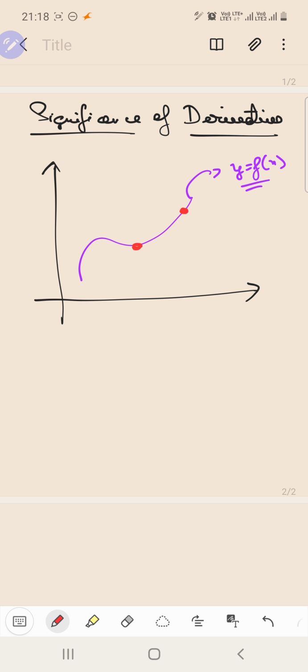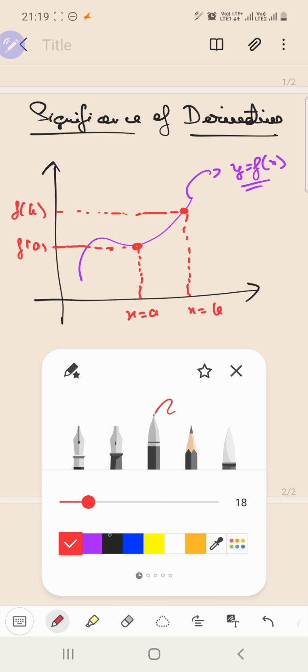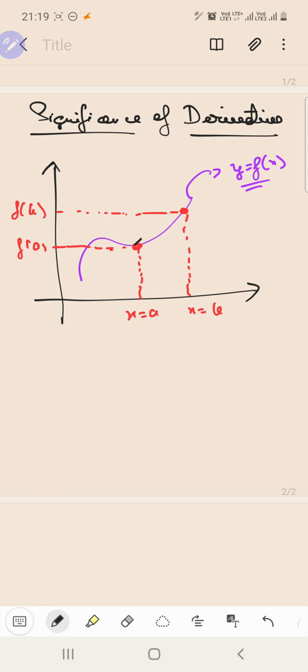Suppose this point and this point, where this is x = a and this is x = b, while this one will be your f(a), and similarly this will be your f(b). Now suppose I join the 2 points with a straight line, and I name the straight line AB.